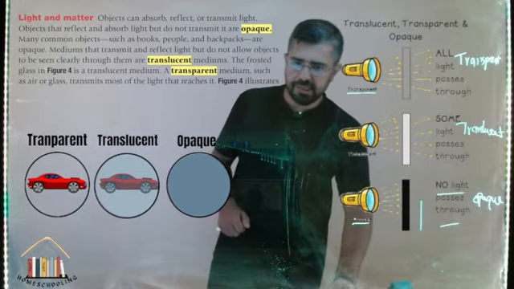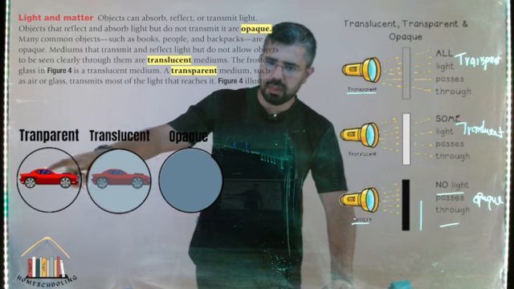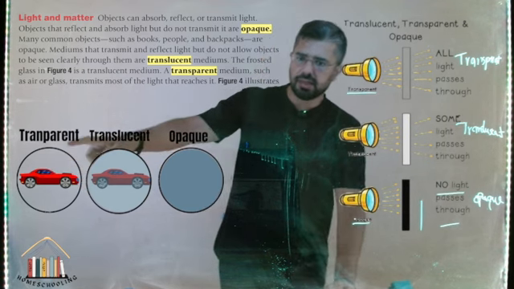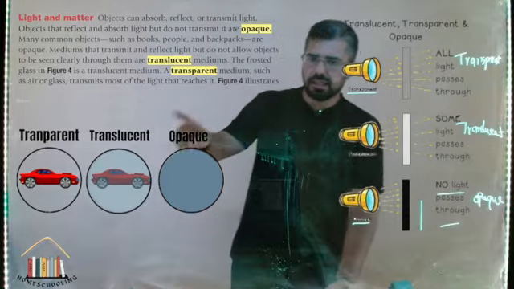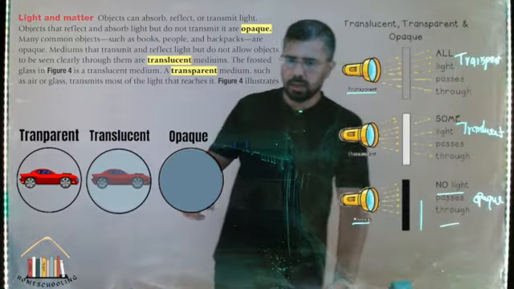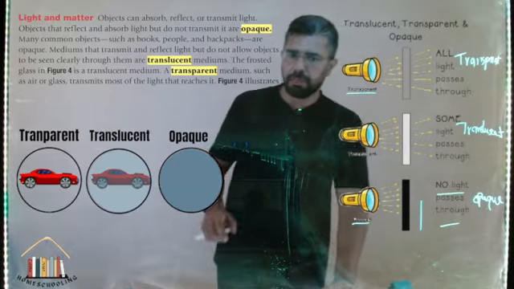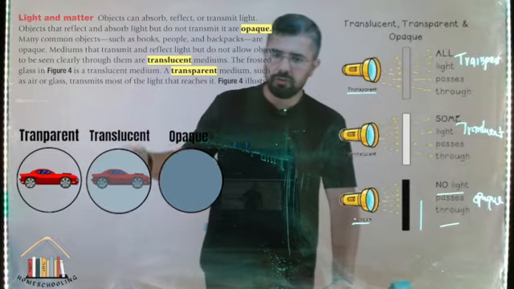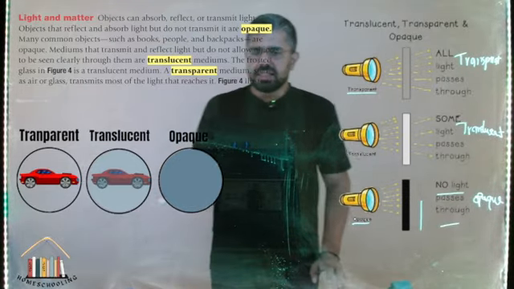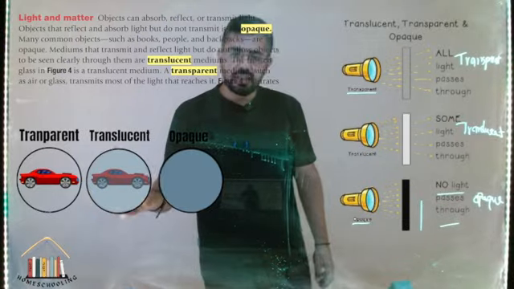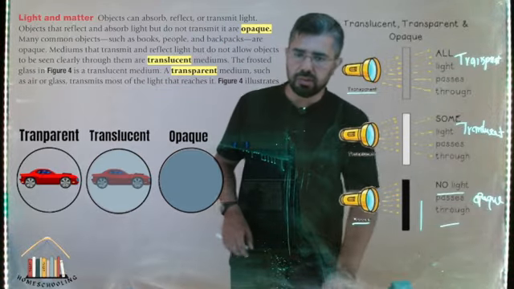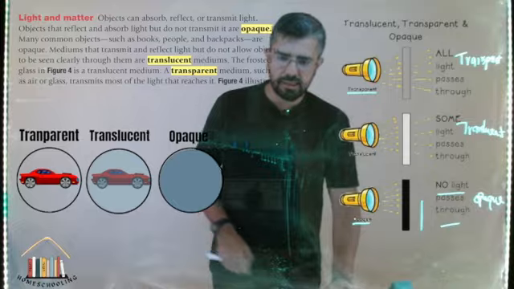If you can see the car all the way through the lens, the lens is transparent. If we cannot see through, like a wooden table or a wall, this object is called an opaque object. What if we see but not 100% clear? This is what we mean by a translucent lens or object.